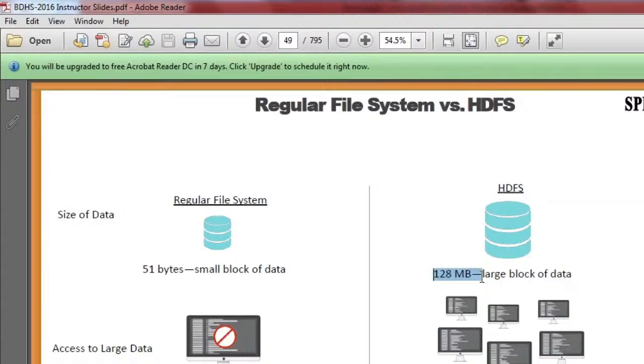So it's a logical representation of your file system on top of your OS level file system. If one block is 128 MB, while processing you will consume 128 MB. You will not read these smaller kilobytes of data. You read the entire 128 MB in one go, and you process that in one go itself.